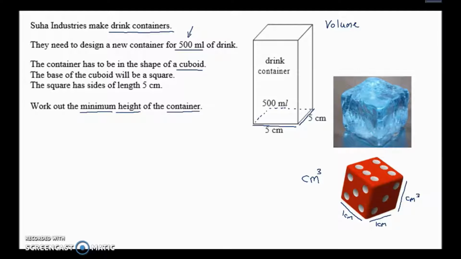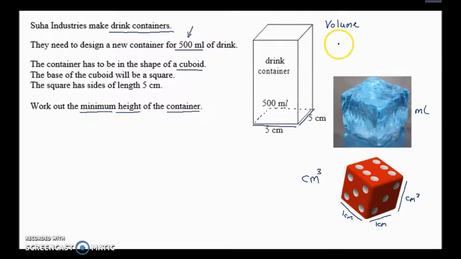And a millilitre, luckily for us, is the same amount of space as a dice, just thinking about it in liquid form. If you imagine a liquid cube the same size as a centimetre cube, these two things are equal.